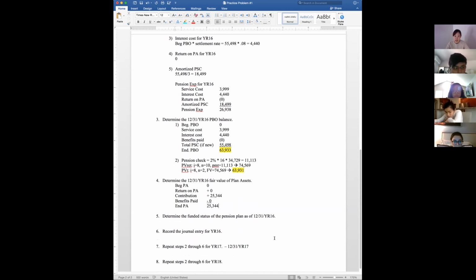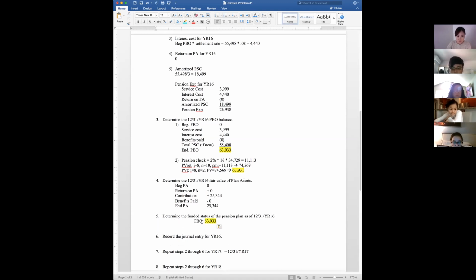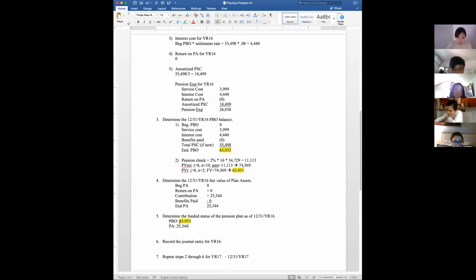So, what is the PBO balance? Ending PBO, 63,933, that we calculated in number 3, and then ending plan asset balance, we just calculated that, 25,344.